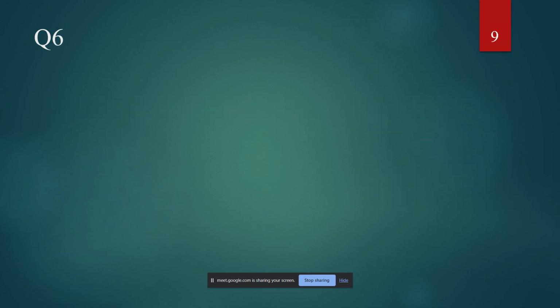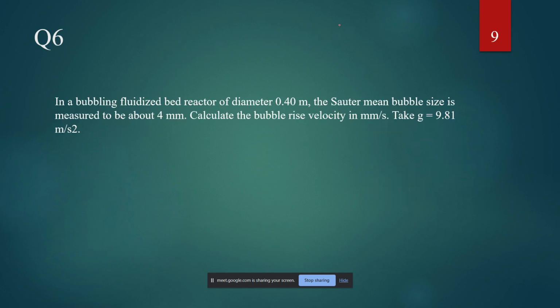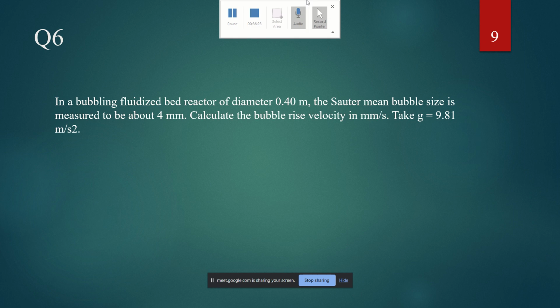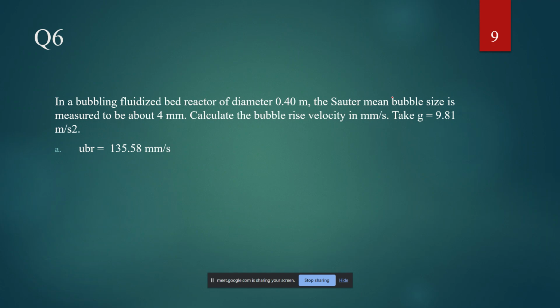We'll go to question 6. In question 6, it is asked that in a bubbling fluidized bed reactor of diameter 0.40 meter, the mean bubble size is measured to be 4 mm. Calculate the bubble rise velocity in mm per second, with g equal to 9.81 meter per second squared.